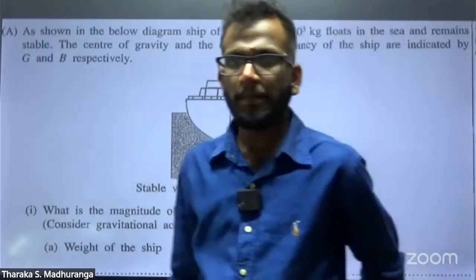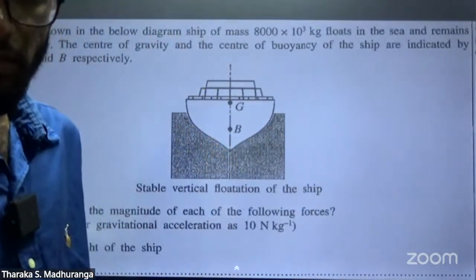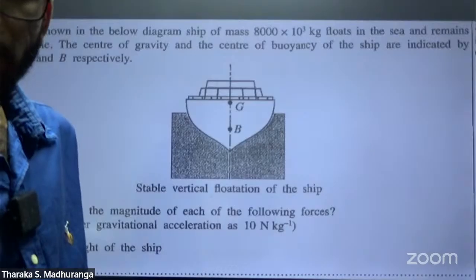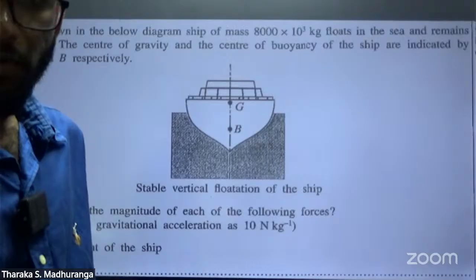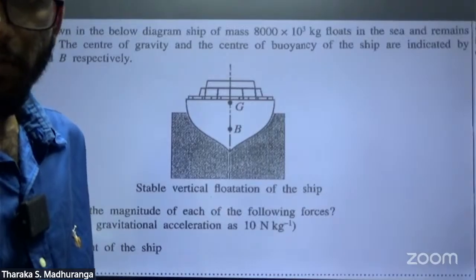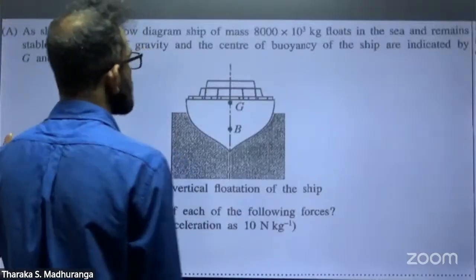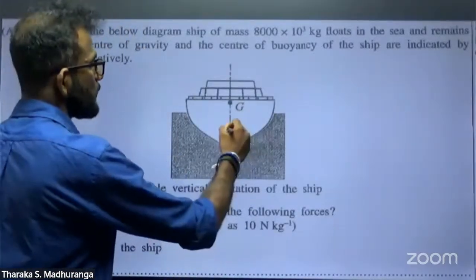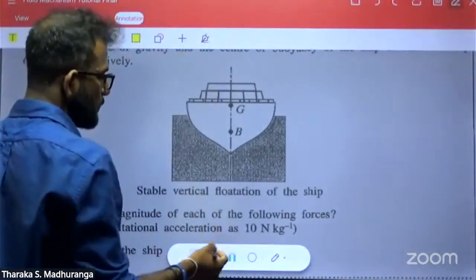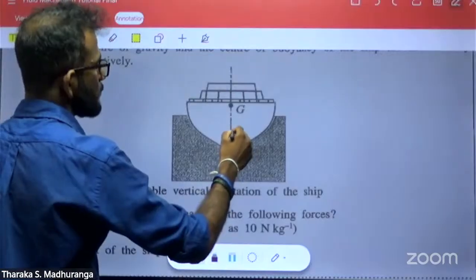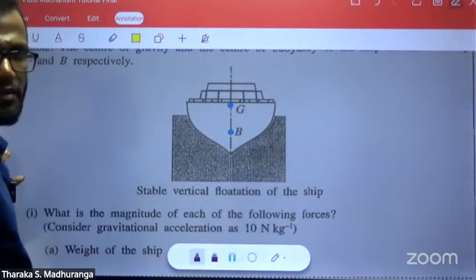Yeah, upthrust force acting point. You can see, B means the buoyancy point. In the question, B is given as the buoyancy point and G is given as the gravity point.